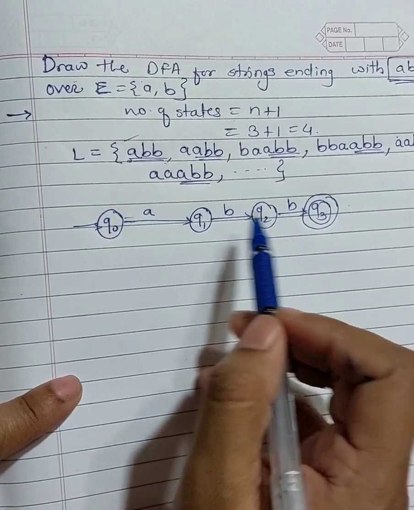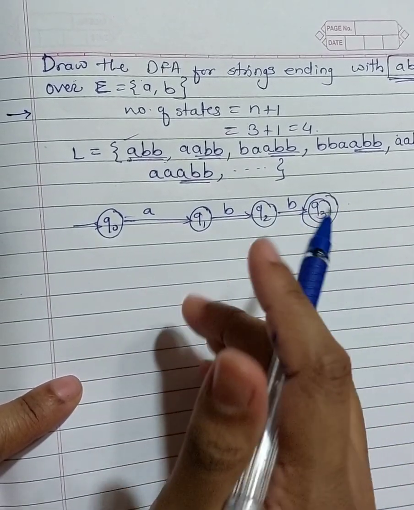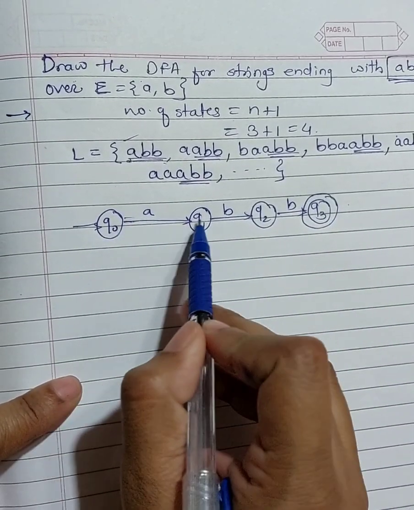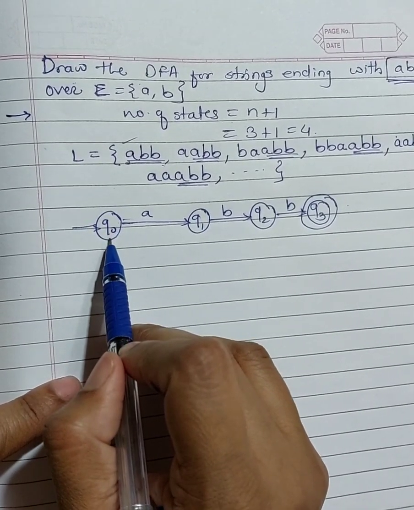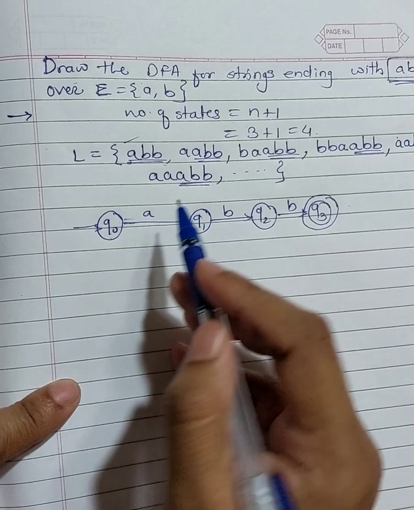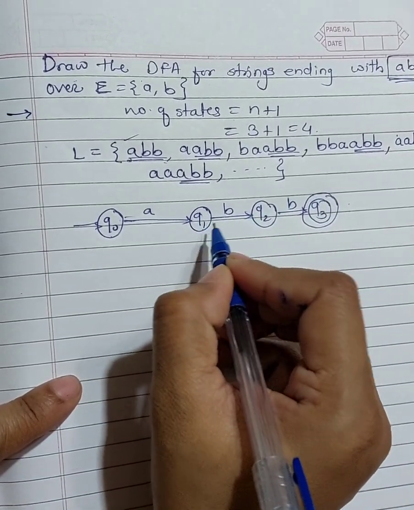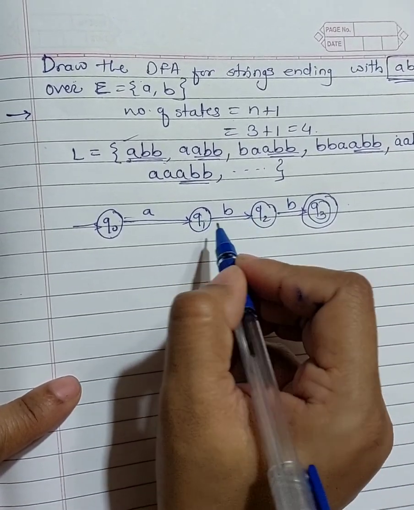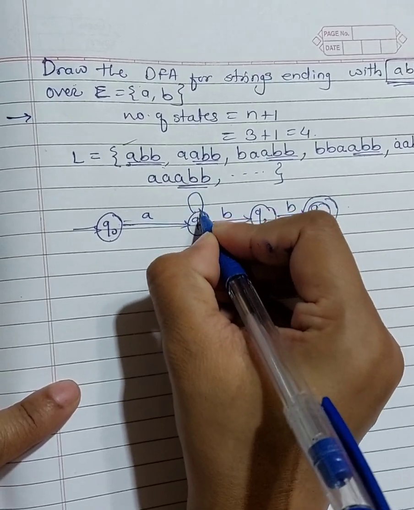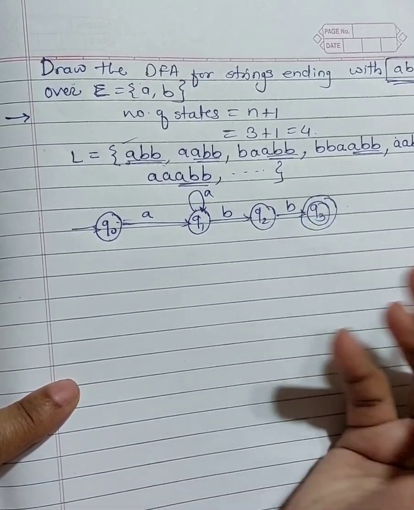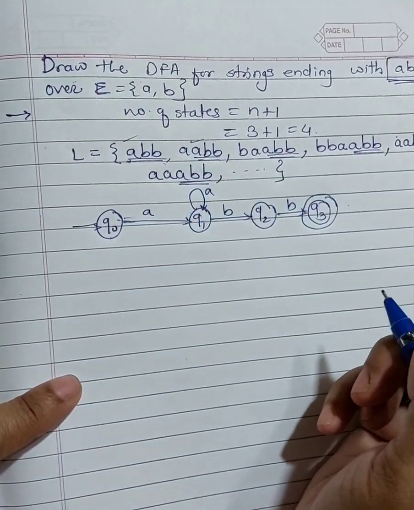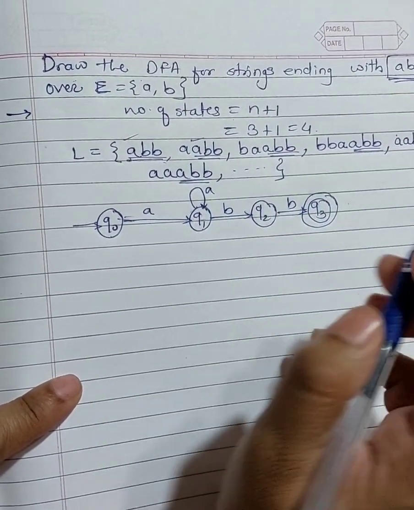So ABB is there, but we require one more A. Now if you observe for Q0, we already have input for A, so we cannot have another input for A on state Q0. So if you observe Q1, we have for B, not for A, so we can have a loop over here for A. So we can say that AABB is also acceptable.